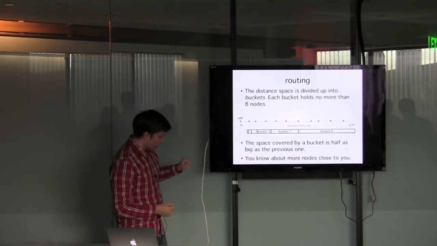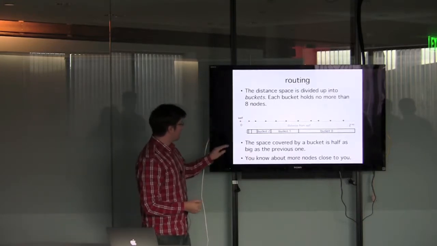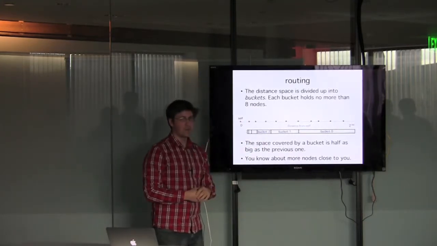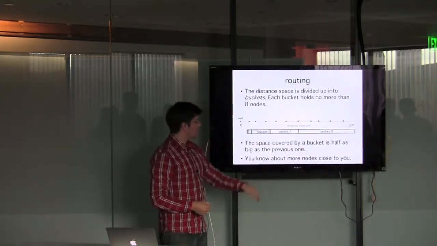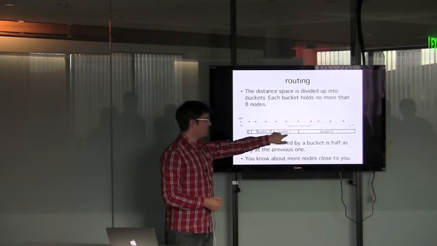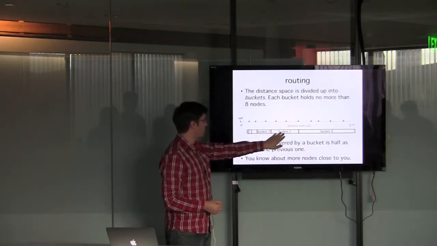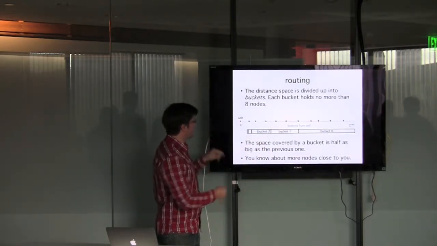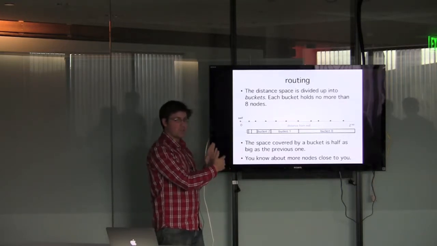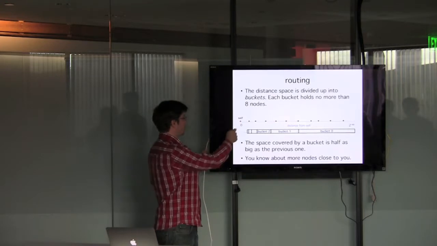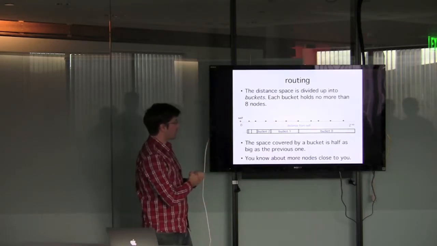And the key property of this division is that since each bucket can only hold 8 nodes, for half of the space you only know 8 nodes. Then for a quarter of the space, you know another 8 nodes, another 8 nodes, and so on. So the number of nodes you know increases quite a bit the closer to yourself you get.